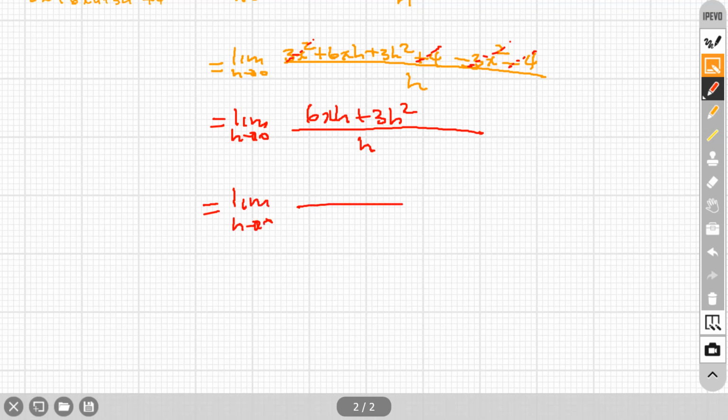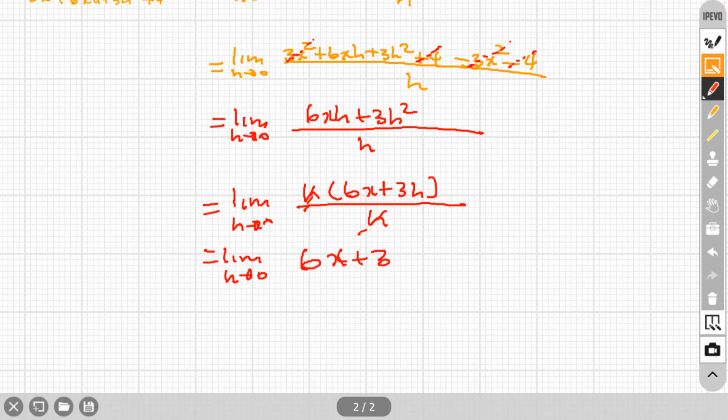So it's h into 6x plus 3h, all over h. Then this h here will cancel this h there. Then we are left with lim h approaching 0 of 6x plus 3h.